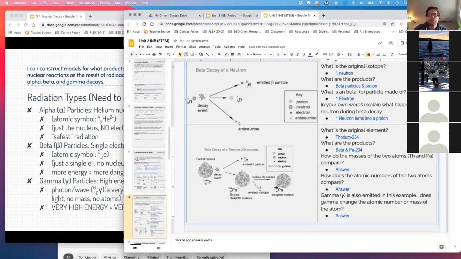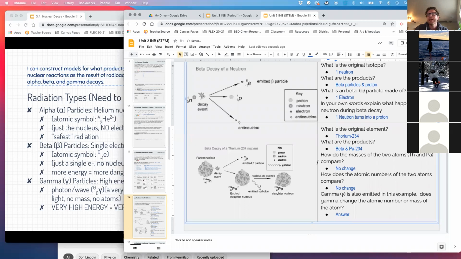Like, look at this, 234 and 234, they didn't change, okay, after a gamma radiation. So there's no change. But also, there's no change to the atomic number as well. So what basically happens here is there's no change in this, it's just lots of energy. No change in atomic number or mass, just loss of energy.